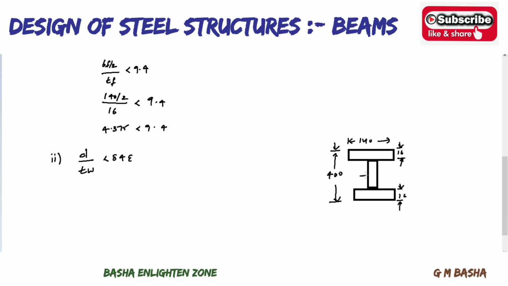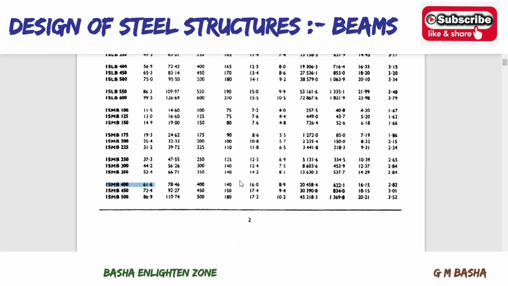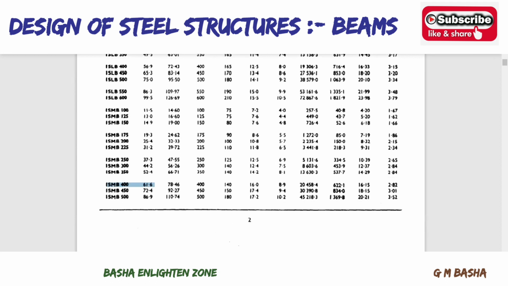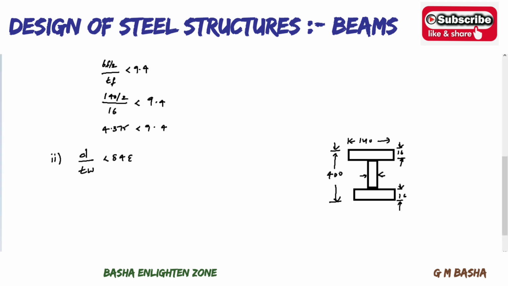And what is the thickness of the web? You can check that one also. That is also an important point for finding the web part. The thickness of the web is 8.9. I am writing here. So what is D? D means we want only this web part, from here to here.